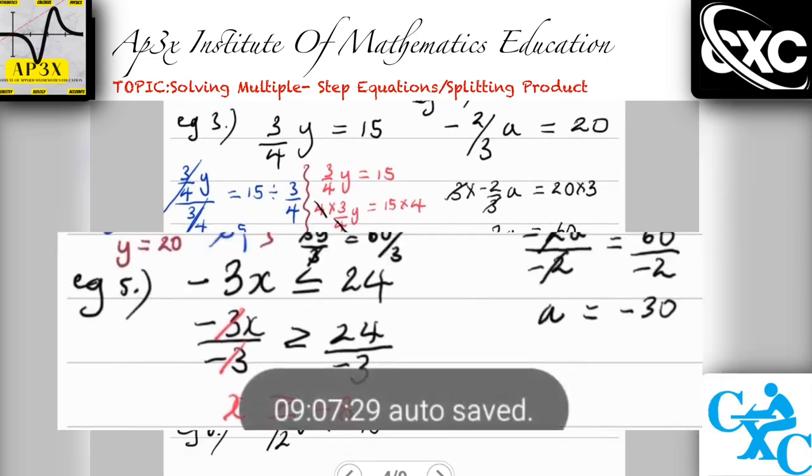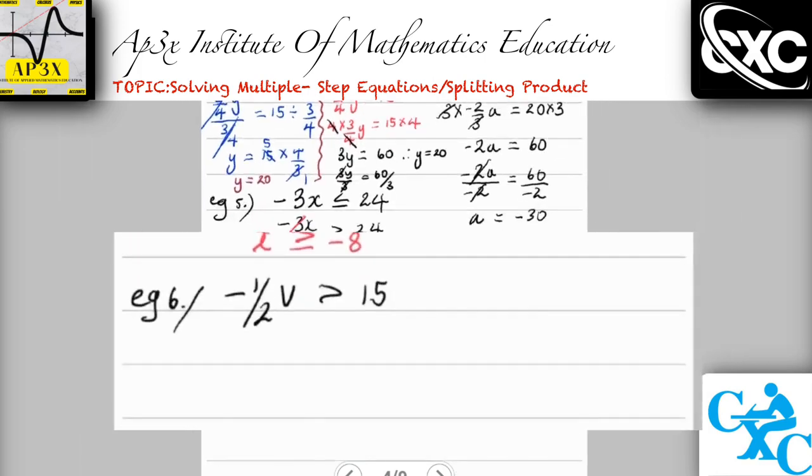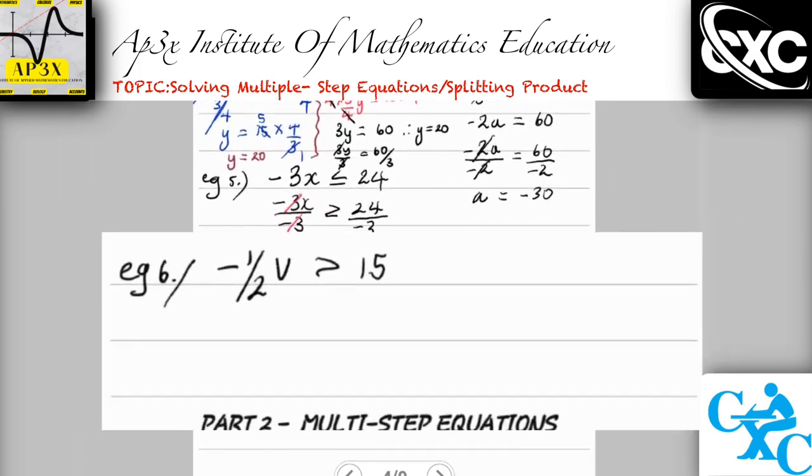So very easy so far, not much challenge here. Now of course I'm going to add the whole aspect of dividing an inequality by a negative coefficient, which is actually a negative fraction. So we're mixing and intertwining all that we have learned in examples 1, 2, 3, and 4 into examples 5 and 6.